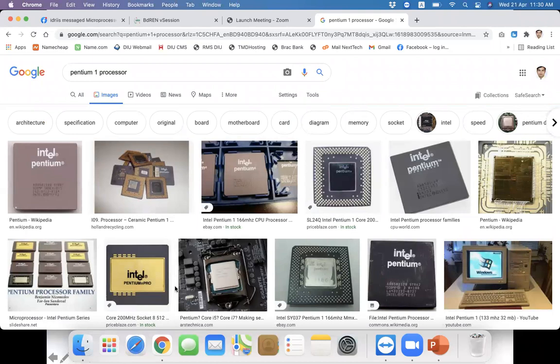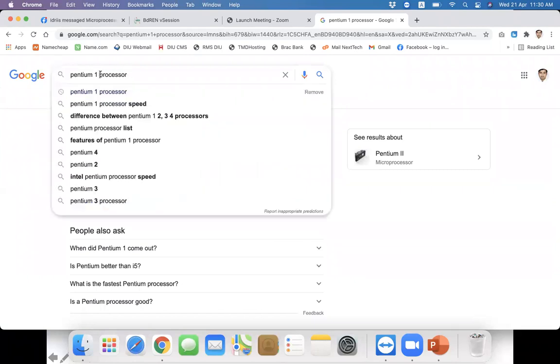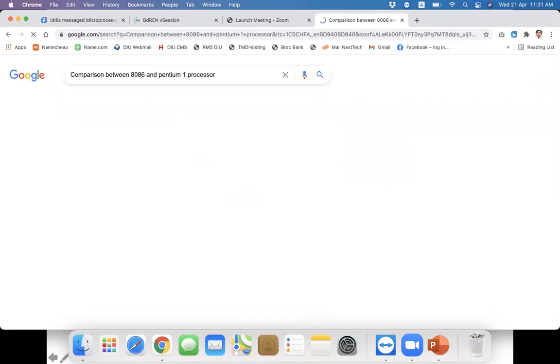Okay, sir. The old processor. Pentium 1 and 8086, let's compare. Okay, sir, inshallah. Comparison.